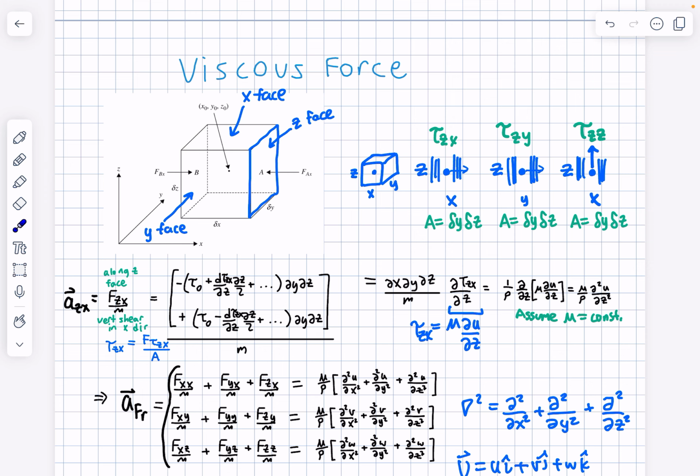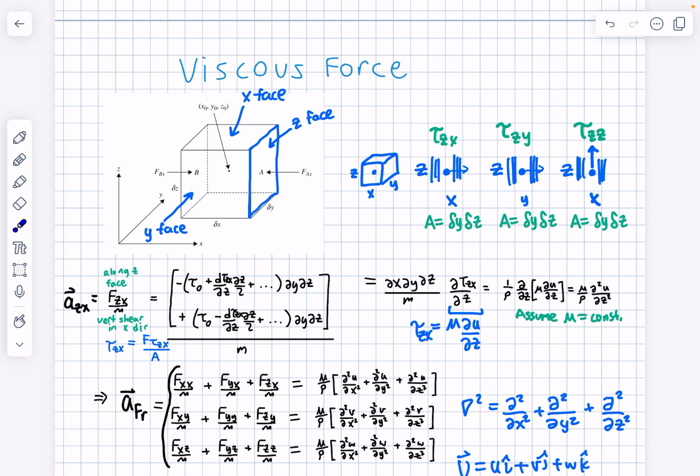And then for the y direction, it's a little bit counterintuitive. I guess that's just the way that I remember it. But this is the y face. So along the z face for the x direction, we also have along the z face for the y direction, and along the z face for the z direction.